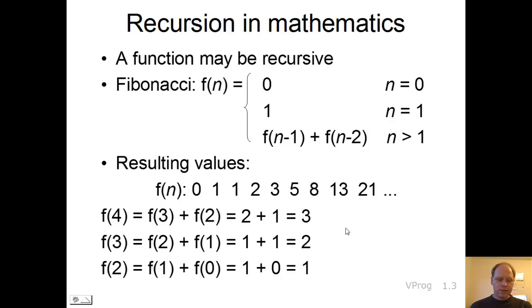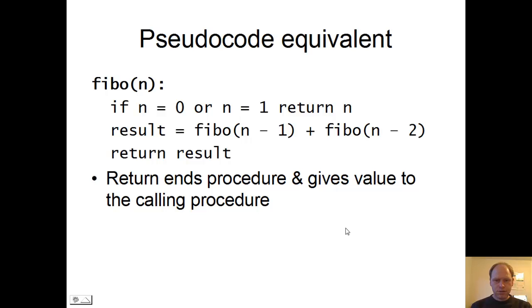Now let's have a look at how we can translate this Fibonacci function to a procedure in pseudocode. And it's almost the same. I've called the procedure Fibo. It takes one parameter, n, and as you see, I've changed the base case a little bit. First I had two base cases. For n is 0, we have as a result 0, and for n is 1, we have result 1.